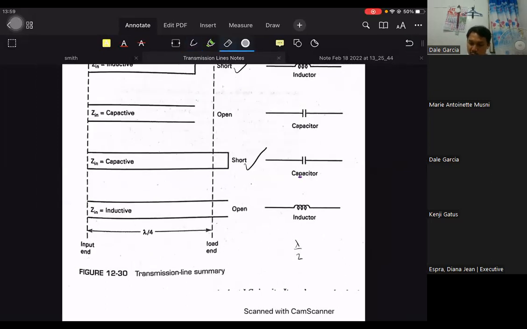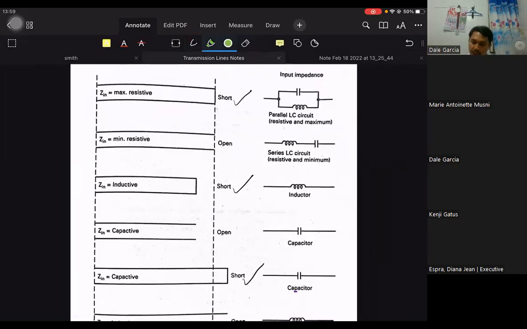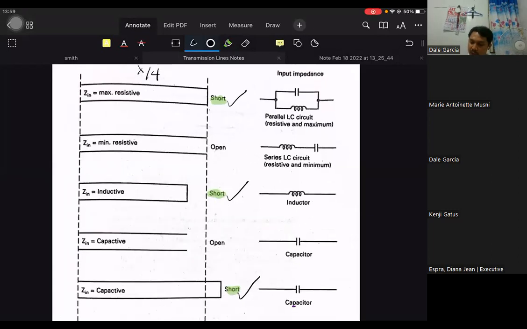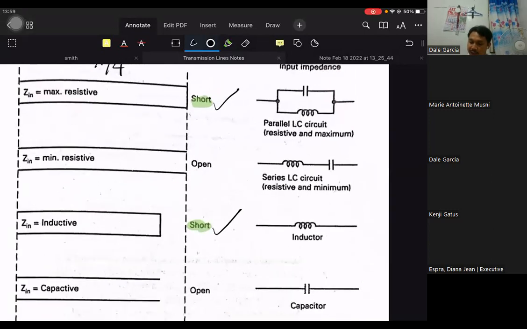But again, we focus only on these three, the terminated at short ones. If our line is exactly lambda over 4 long, like the first shorted line, its equivalent circuit is the parallel LC circuit.